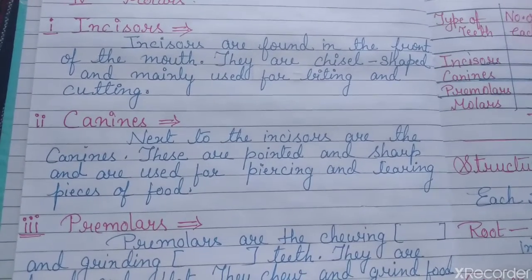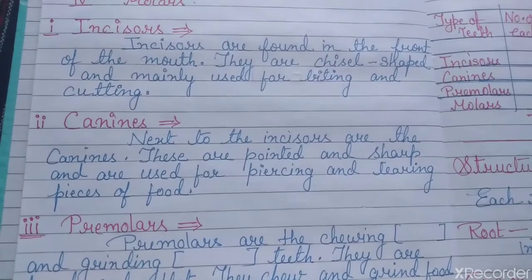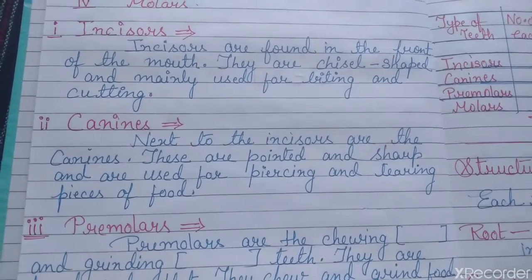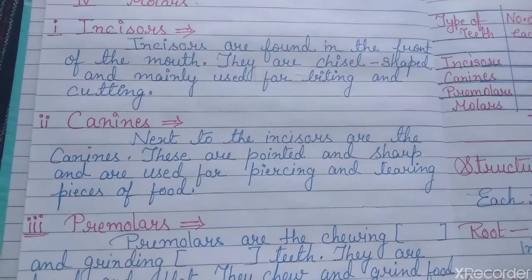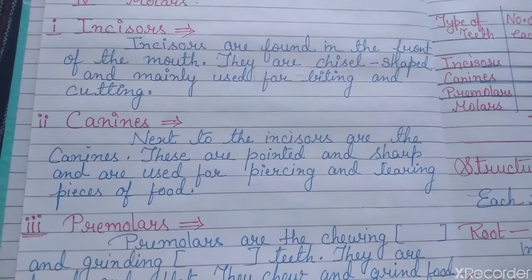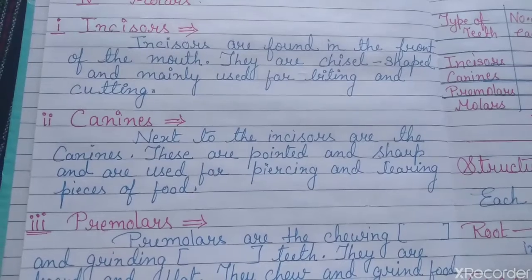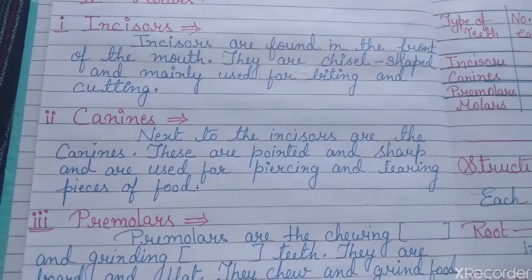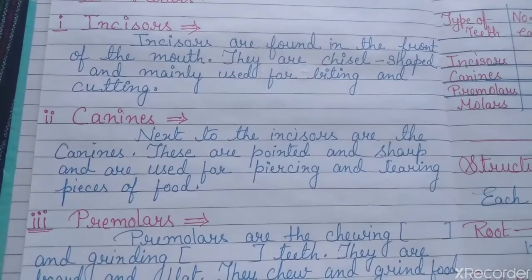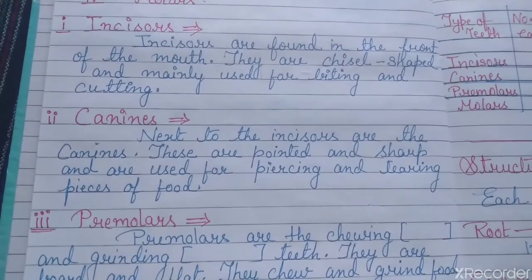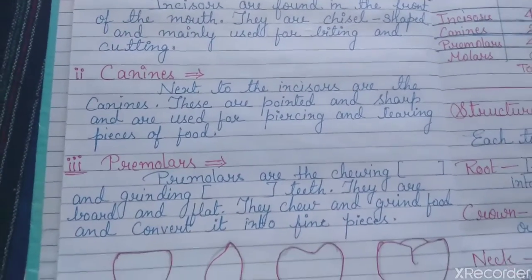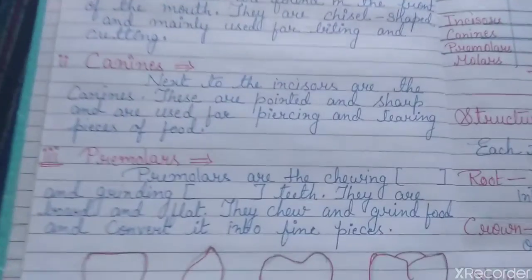The first step of nutrition in humans was ingestion. As we take food into our mouth, before making it soluble, all the processes take place inside the mouth, and the tongue first, and the teeth second, help to do such things in our mouth. The third type is premolars.